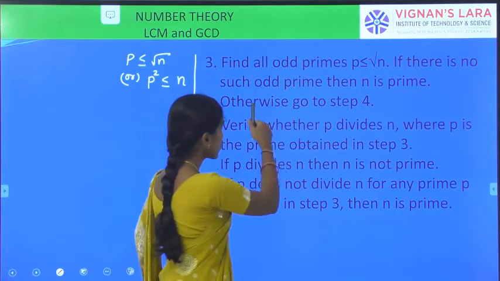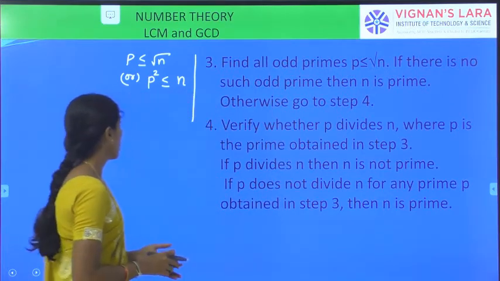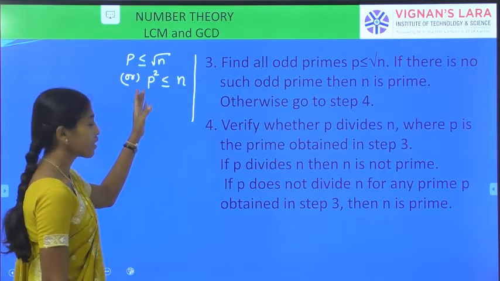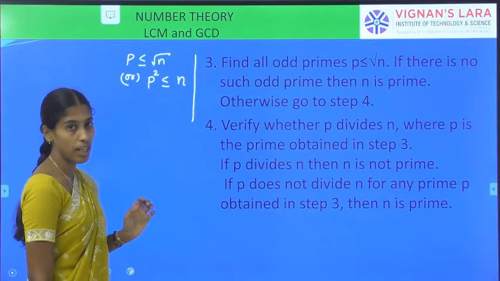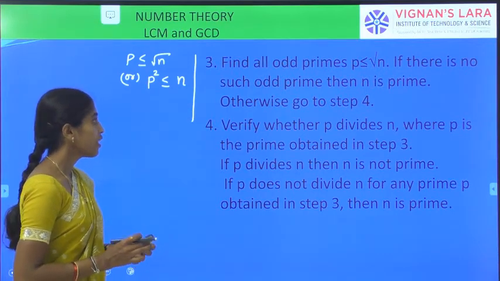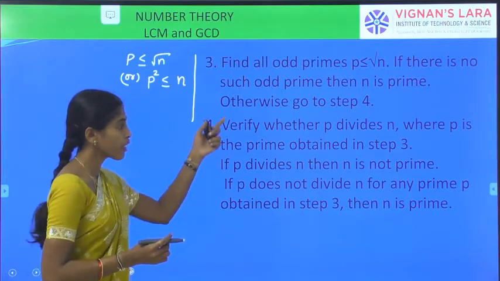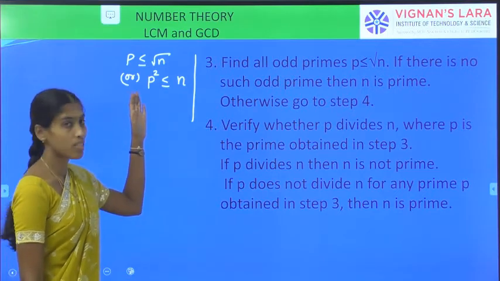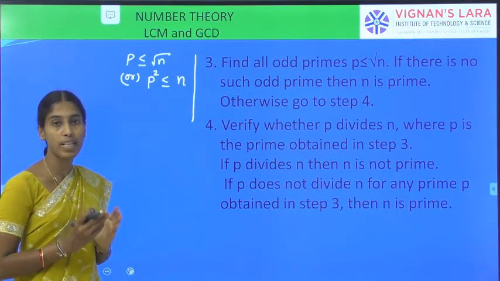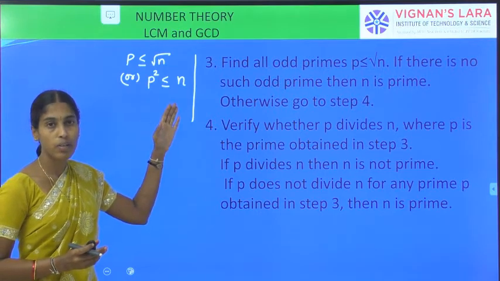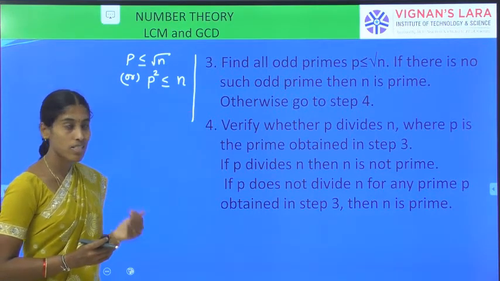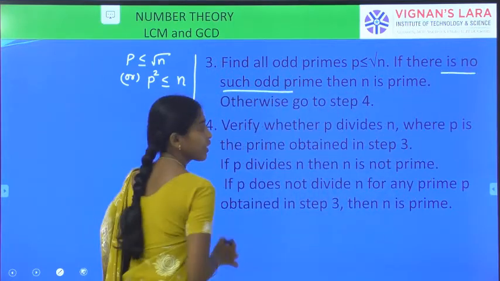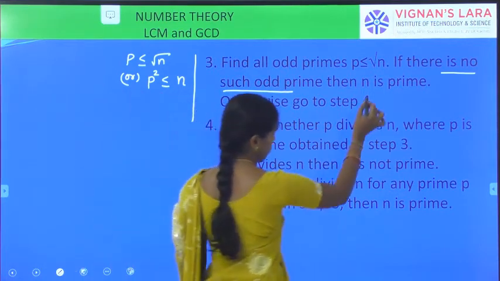If there is no such odd prime, that means no prime number p satisfies the condition p square less than or equal to n, then n is a prime number.